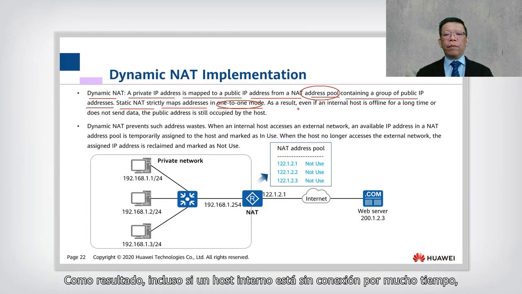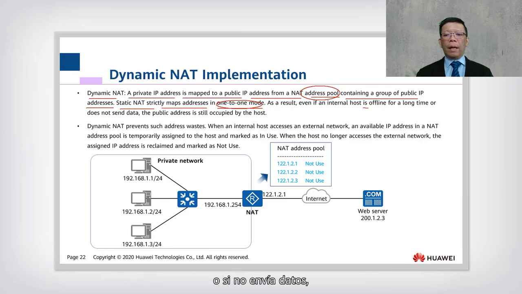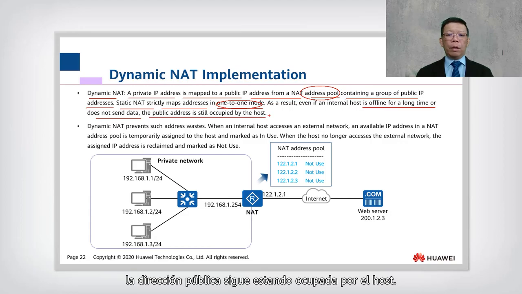As a result, even if an internal host is offline for a long time, or does not send data, the public address is still occupied by the host. This is the disadvantage of using static. So dynamic NAT prevents such address waste.